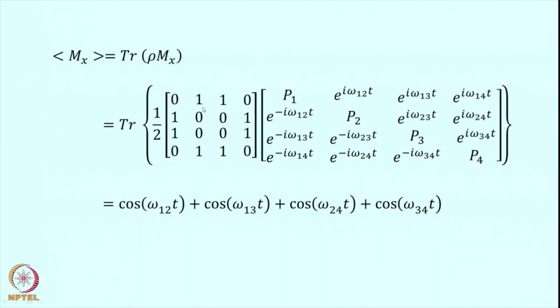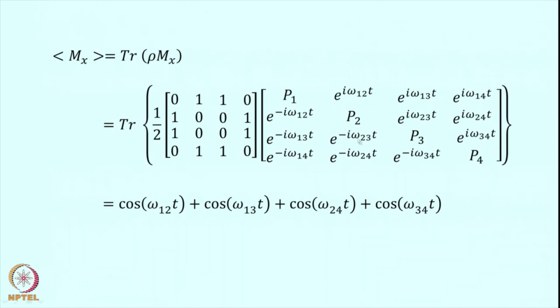And if you recall, these ones represent the single quantum coherences 1 2, 1 3, 2 4, 3 4, and these are their respective symmetrical elements. Okay. So now we multiply this with this density operator.